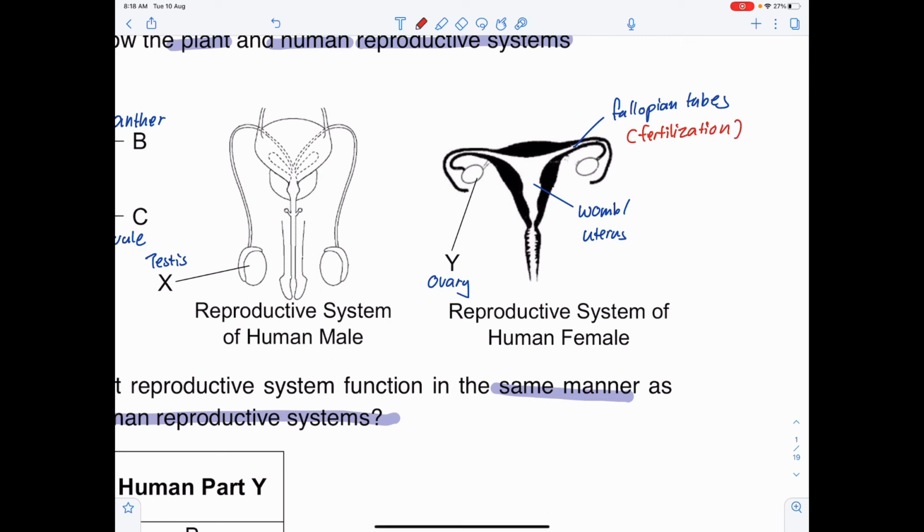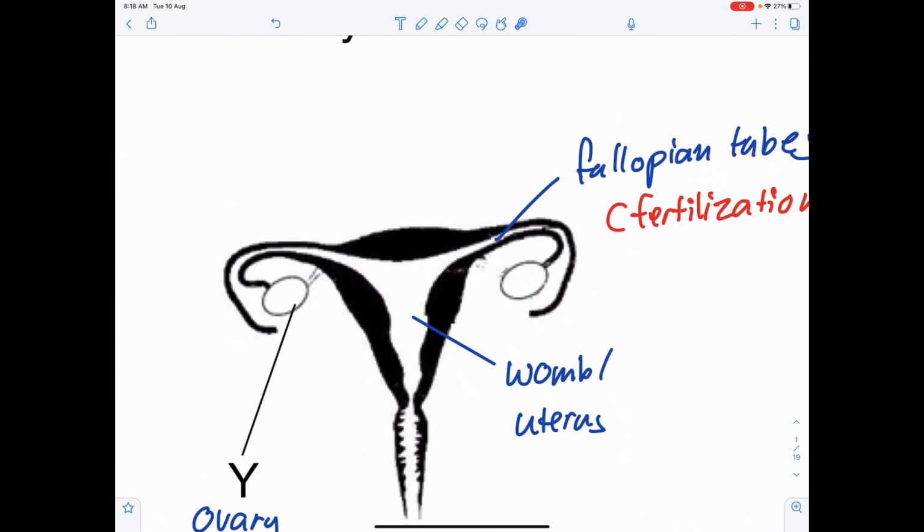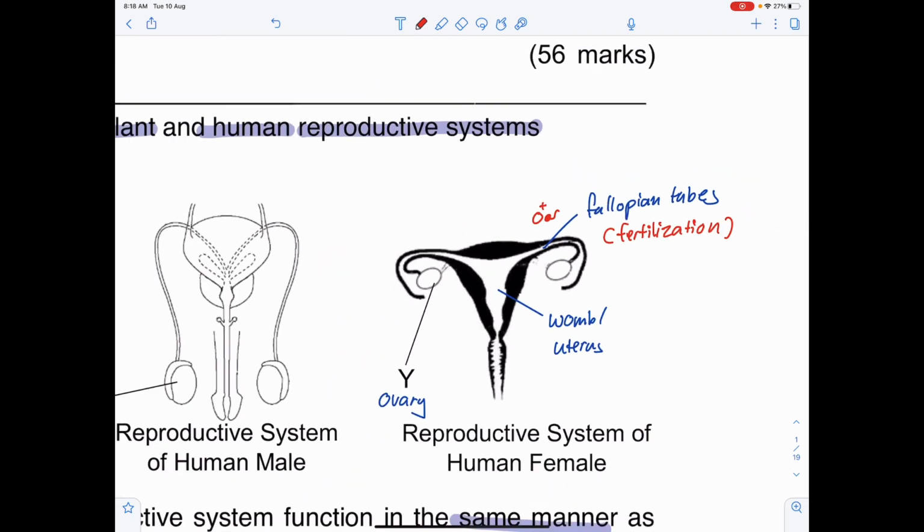Many students tend to have this misconception that fertilization actually occurs in the womb or the uterus. That's wrong, because the fallopian tube is actually where your egg and your sperm will meet each other and fuse. This fusion of these two sex cells results in fertilization.